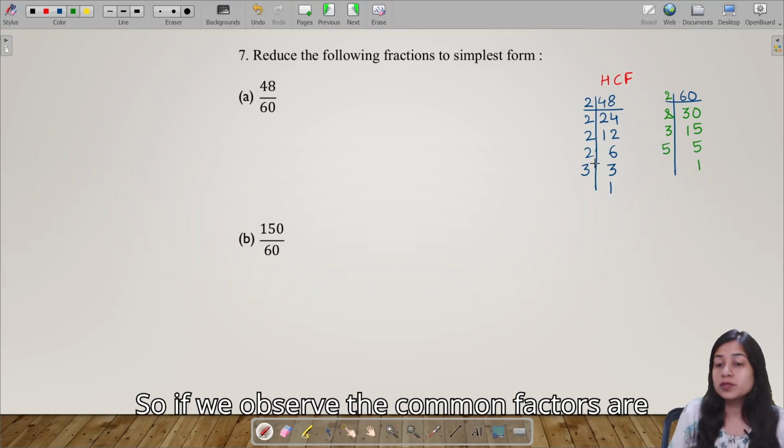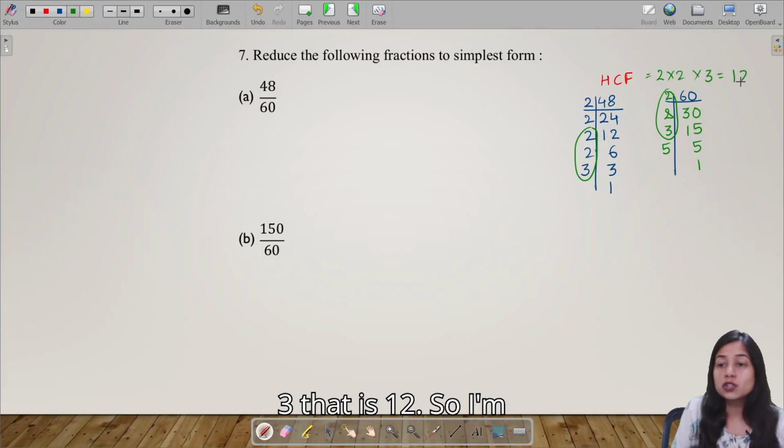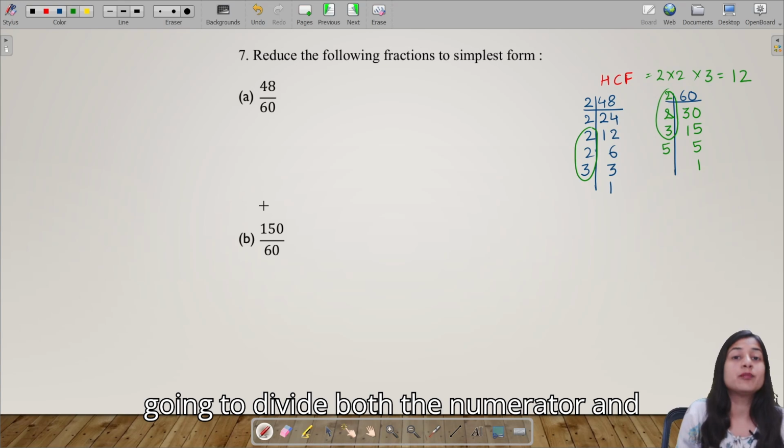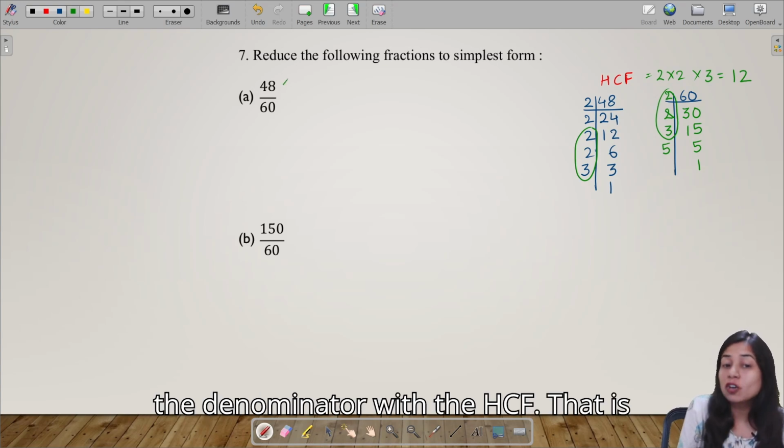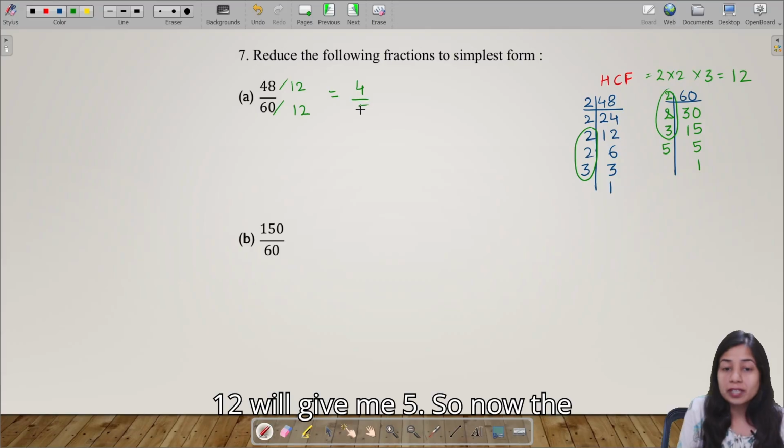So if we observe, the common factors are 2, 2, 3. That is 2 into 2 into 3, that is 12. So I'm going to divide both the numerator and the denominator by the HCF, that is 12. 48 divided by 12 will give me 4. 60 divided by 12 will give me 5.